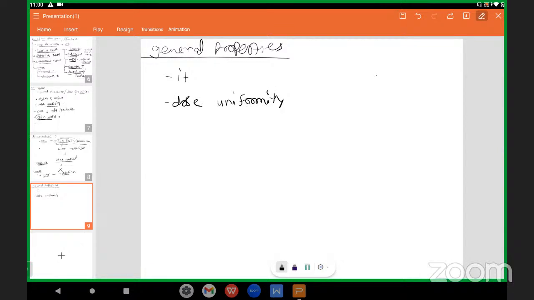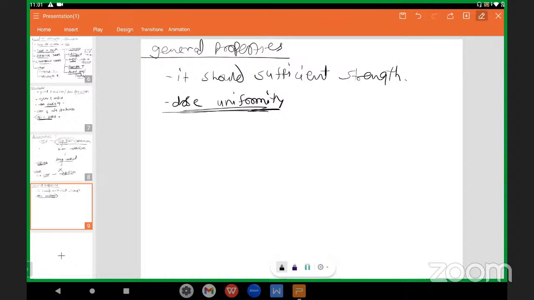Then it should have sufficient strength, and good flow property. Flow property is applicable for granules. देखो, अगर आपका flow property अच्छा है तो it will automatically impact the dose uniformity, so you can include that point under the dose uniformity only.